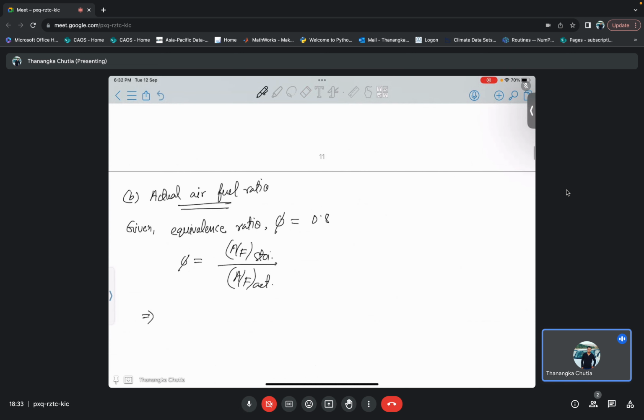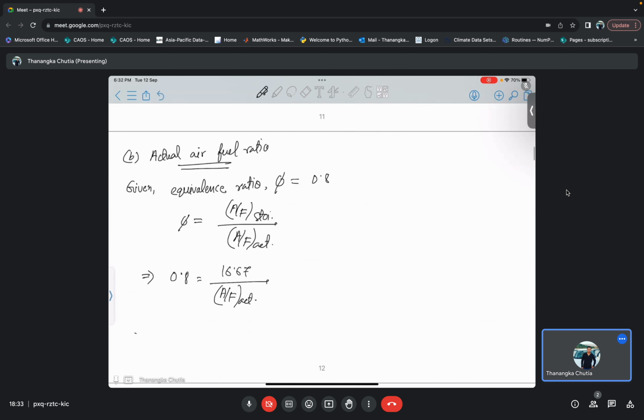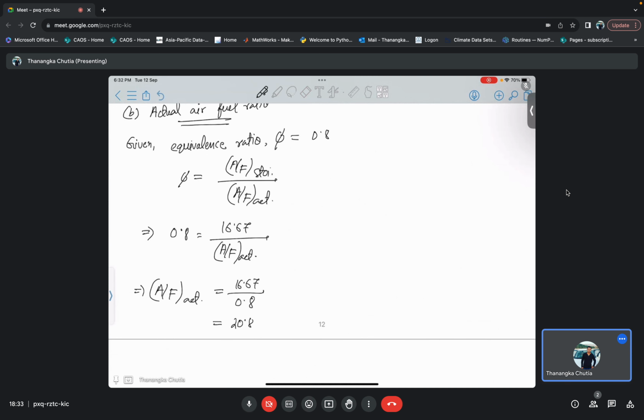So phi is 0.8, we have already calculated 16.67 as the stoichiometric air fuel ratio, and now we need to calculate the actual air fuel ratio here, and from here air fuel ratio actual will be equal to 16.67 divided by 0.8, which is 20.84. Clear?